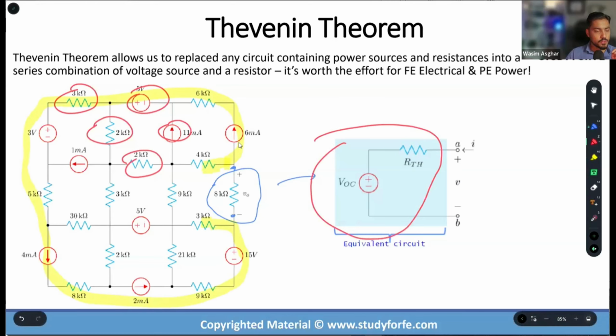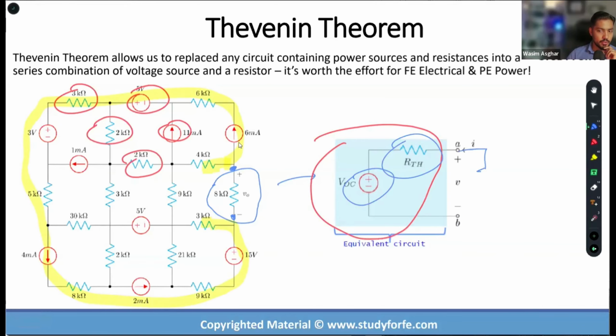All of these current sources, voltage sources, resistors, the specific parallel and series arrangement, everything has now been reduced with respect to these two terminals into a single voltage source, which is connected to a resistor.